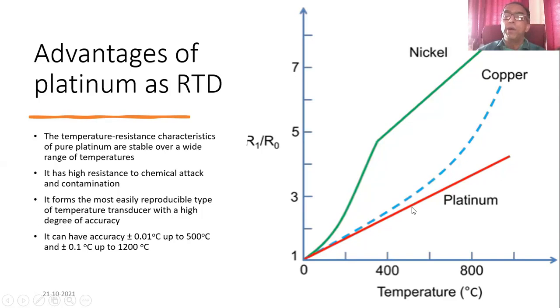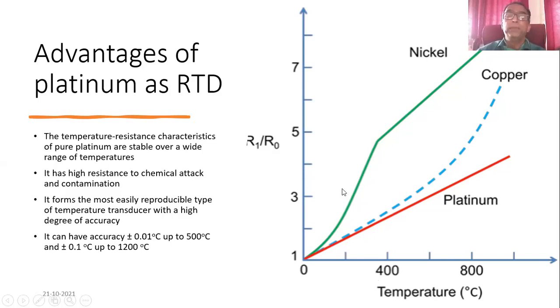Whereas copper, up to certain value of temperature, is giving me a linear relationship. Thereafter, it becomes curvilinear, non-linear relationship. So the resistance change no longer remains proportional to temperature change.